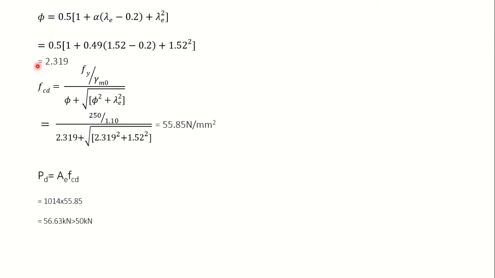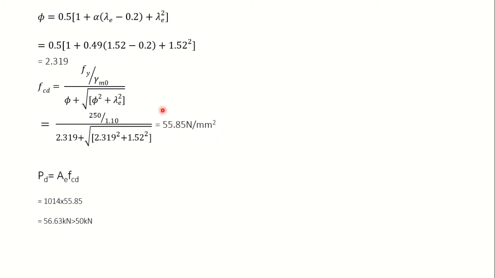So this will be the value of phi, which is 2.319, and FCD is given by fy by gamma m0 divided by phi plus root of phi square minus lambda E square. So this comes out to be 55.85 Newton per mm square.